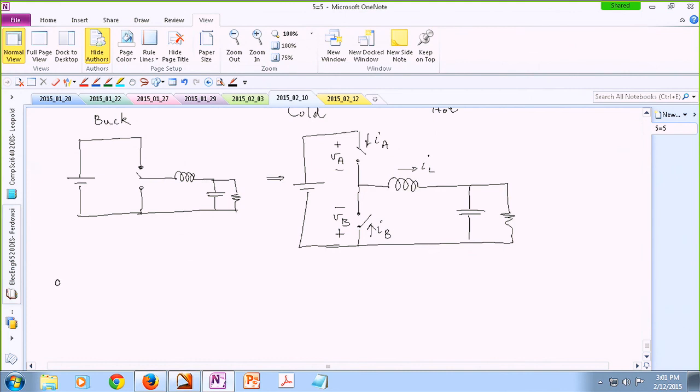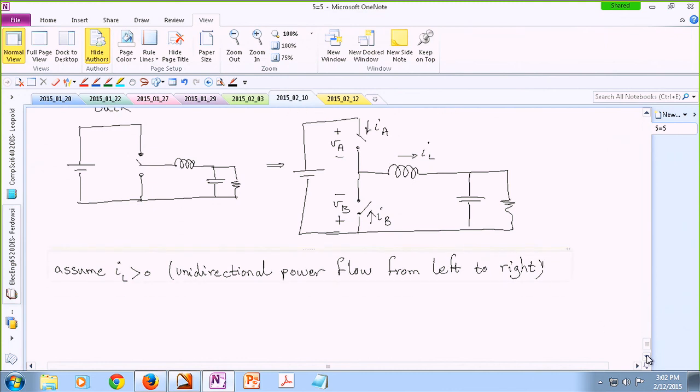So assume the inductor current is positive, or unidirectional power flow, from left to right. All right, now let's look at the switches. Switch A and switch B.